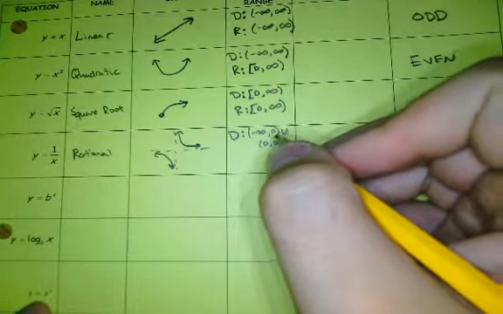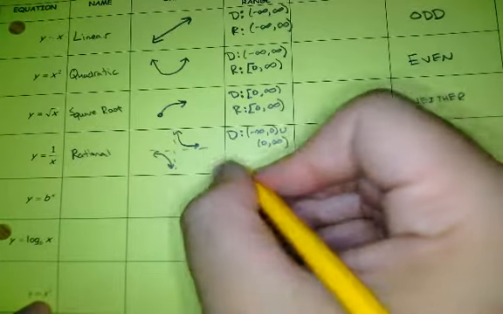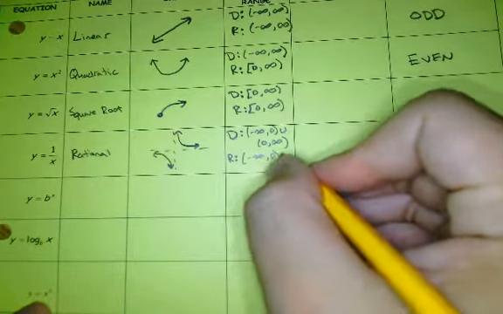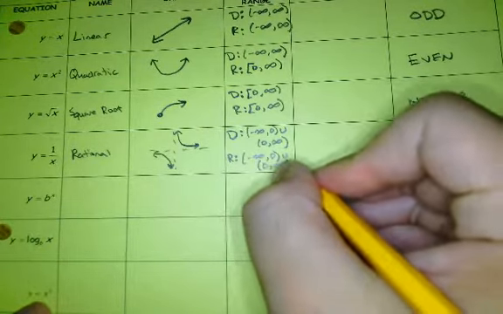That just means the x's can equal everything except for 0. And the y's are the same story for the range. Odd, even, neither? It's odd.